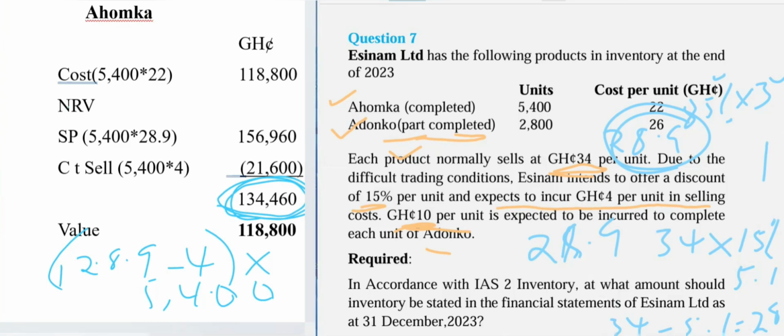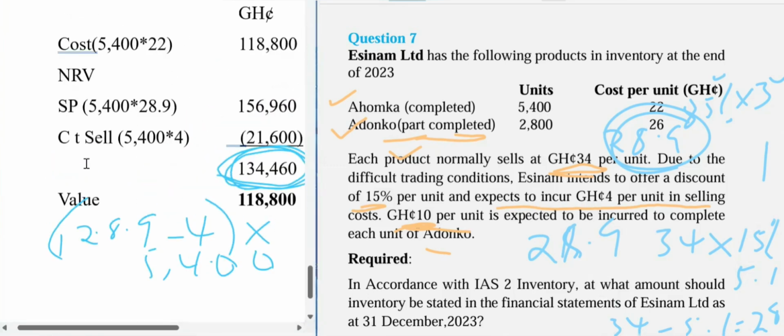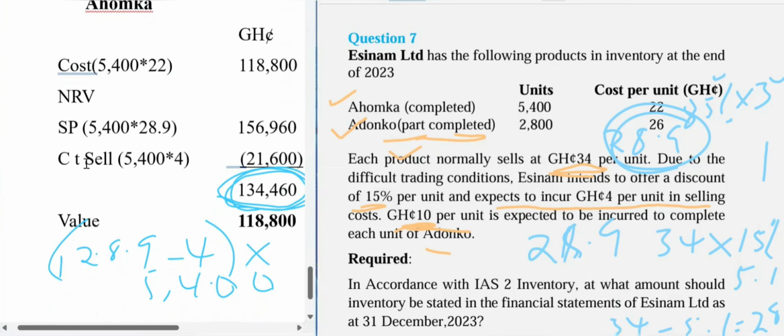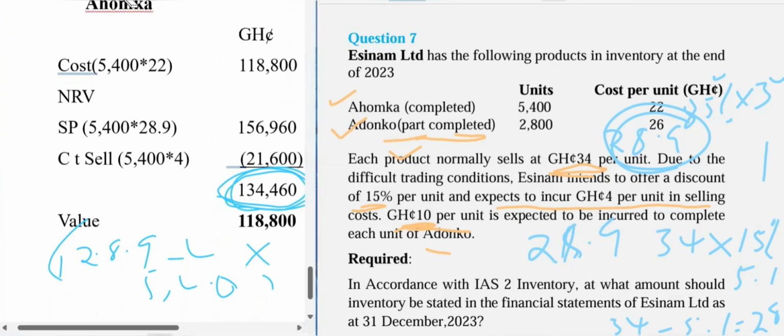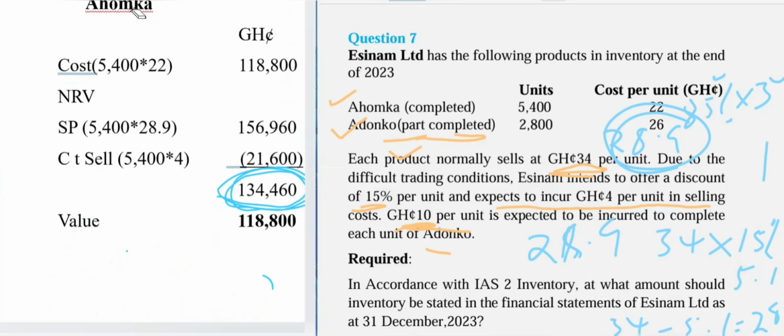Okay, so you can do it that way for the net realizable value. So let's continue. We are done valuing Ahumka. Let's go and value Adonko.